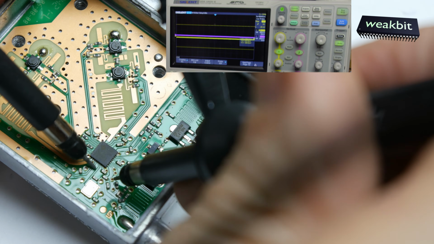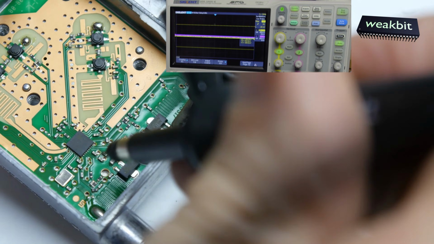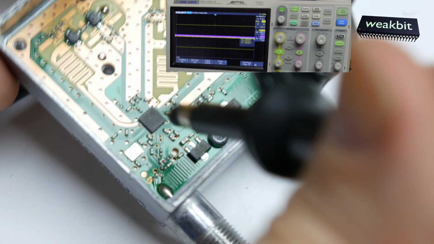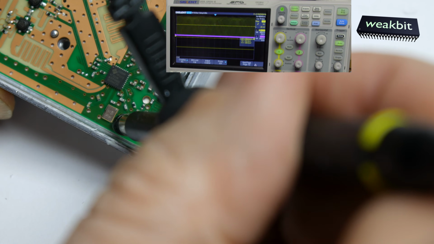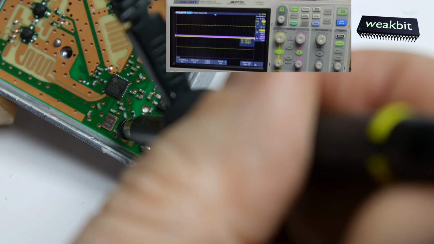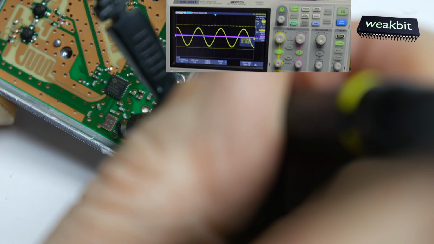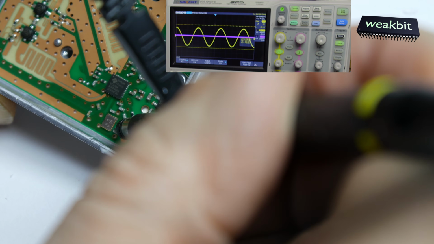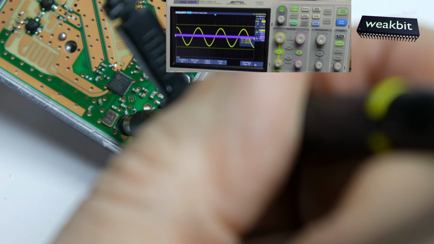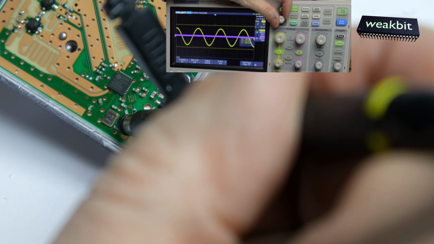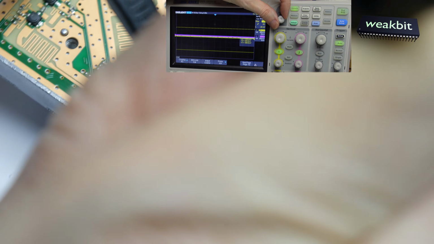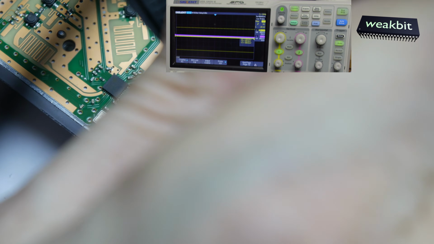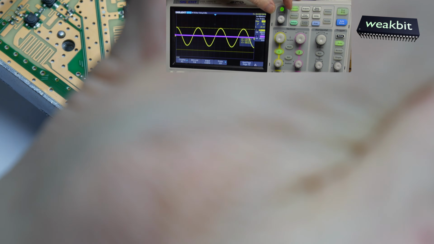It's 1, 2, 3.5. Okay, I measure it here and hold it here.